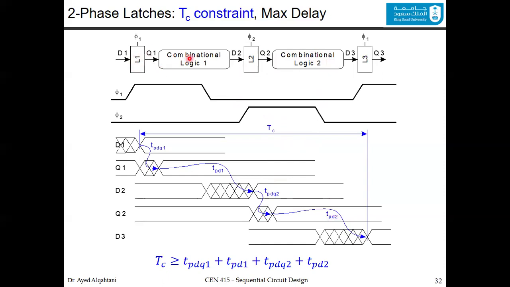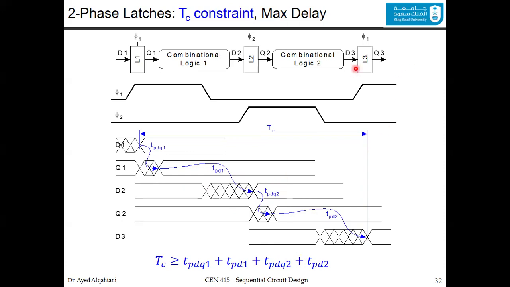So it's 2 times the propagation from D to Q, and also the propagation delay through 2 different combinational logics. So the cycle time now needs to cover all these 4 times.